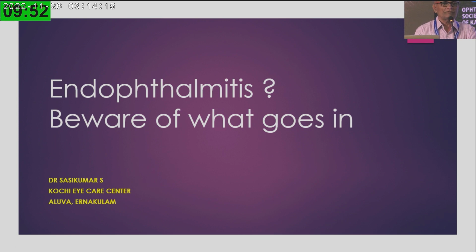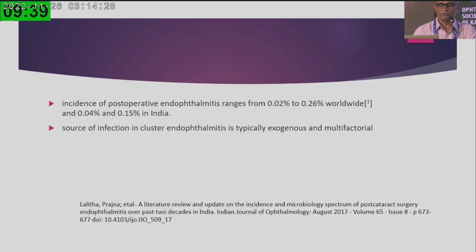Now that we have heard what the OT protocols are, we'll go to the fluids and the instruments, and what all can lead to endophthalmitis if we are not careful. The incidence of postoperative endophthalmitis ranges from 0.02 to 0.26% worldwide, and in India it is reported to be 0.04 to 0.15%.